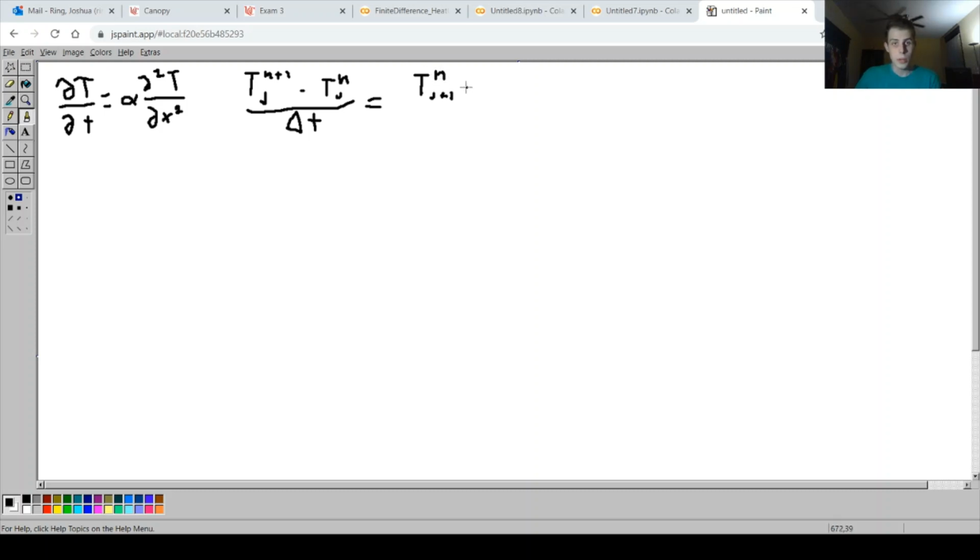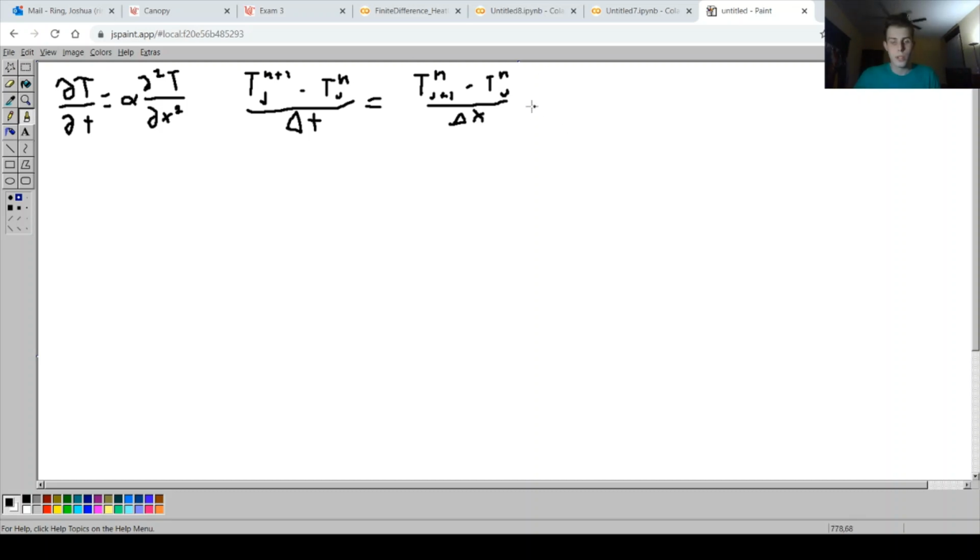And then it's going to be subtracted, similar to the last part, from our t, our temperature at position j and at time n. I don't know why I've been calling the big T time. And then this is going to be over delta x, because the right-hand side has x, not t.